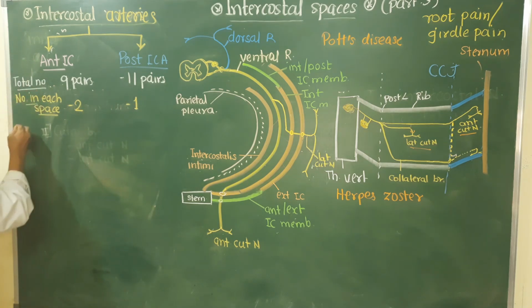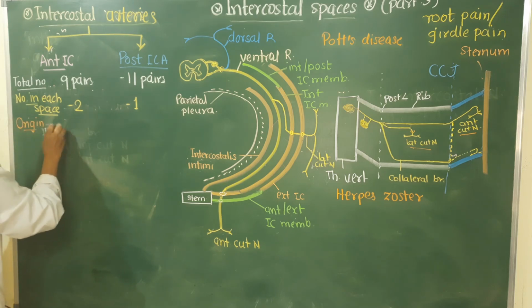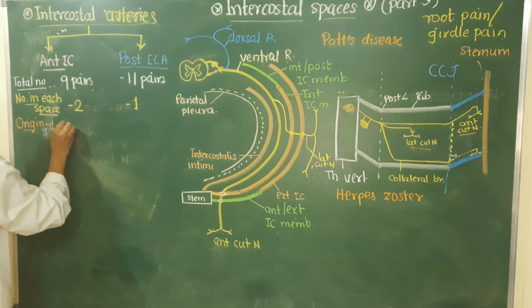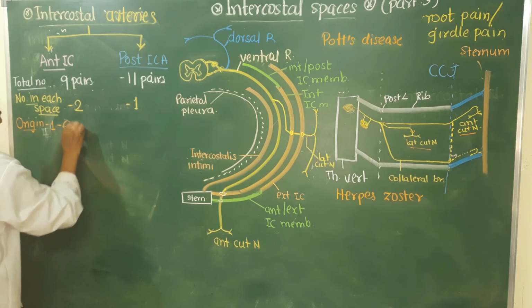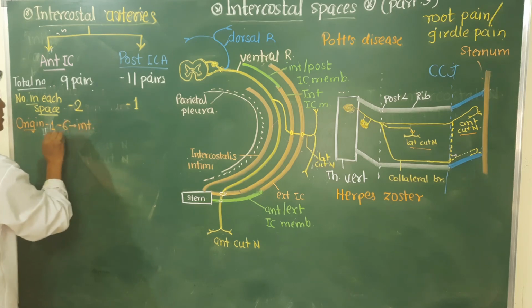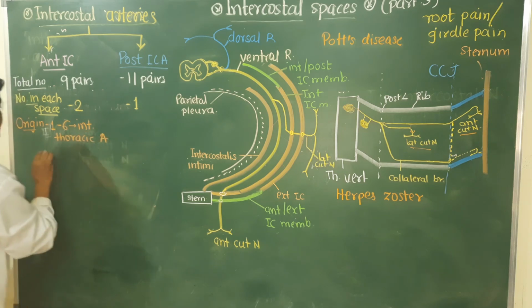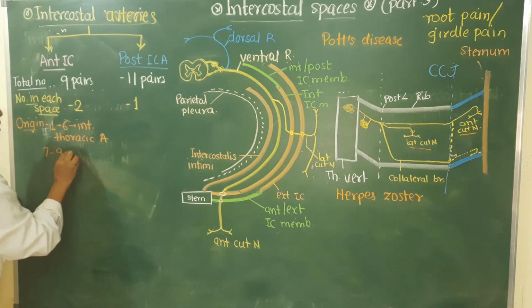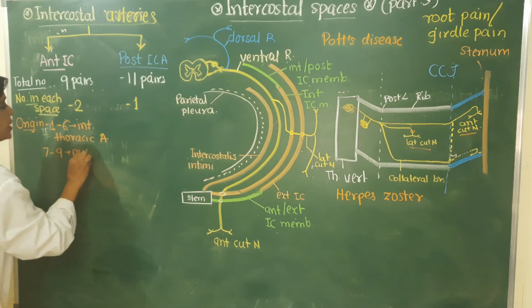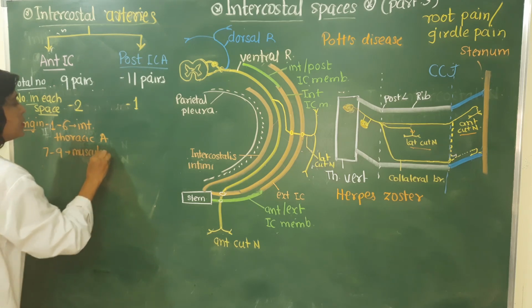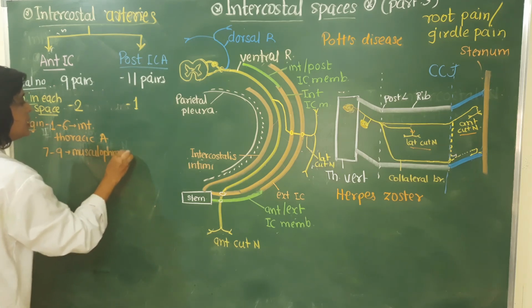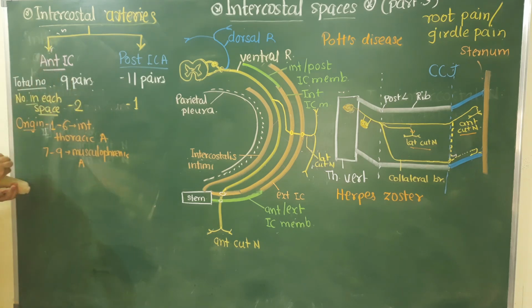Now if you see the origin of these arteries, for the anterior intercostal, first to the sixth are the branches of the internal thoracic artery. And 7th to 9th arise from the musculophrenic artery. So that is the origin of the anterior intercostal arteries.